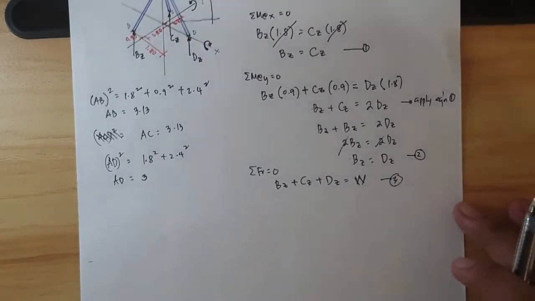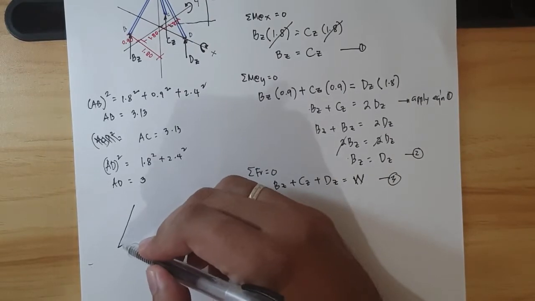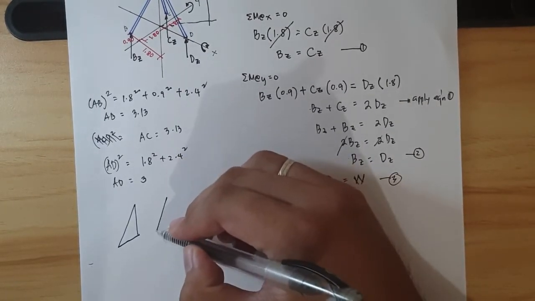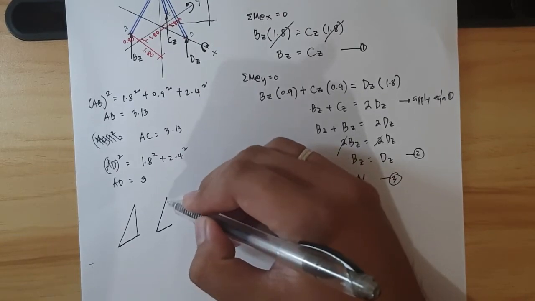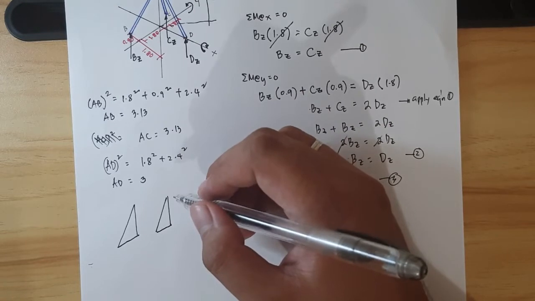So, it could be like this. Forces and legs, ratio and proportion.